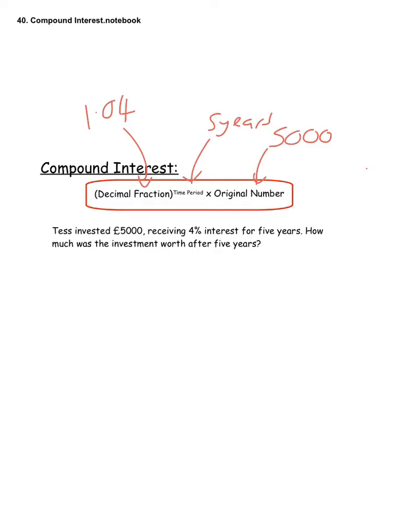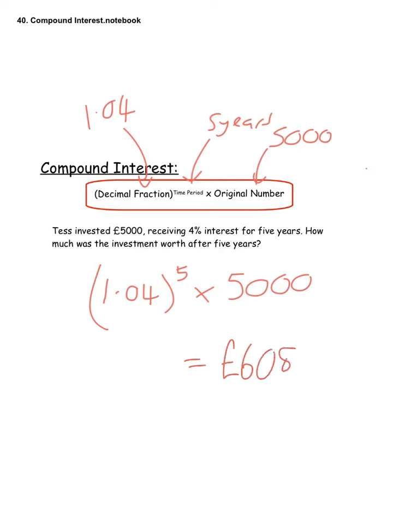So that's the working we have to do. 1.04 to the power of 5 years multiplied by our original investment, £5,000. If you put those values into a calculator, you should get a final answer of £6,083.26.